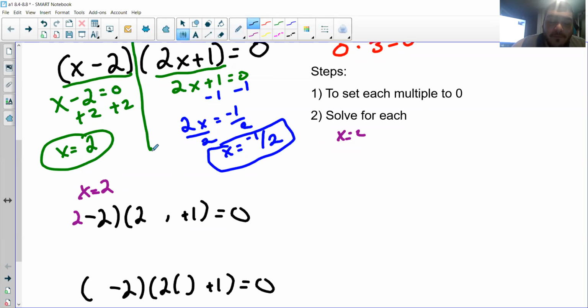So I plug in every x as a positive 2. This will be 2 minus 2, 0. And this would be 2 times 2, which is 4, plus 1 would be 5. But it doesn't matter because 0 times 5 equals 0. So x equals 2 checks out.